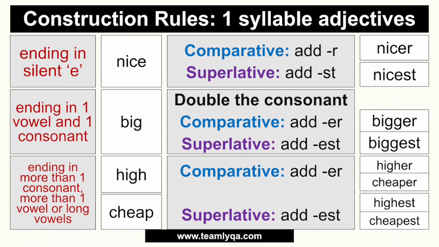Again, ang dinagdag mo ngayon ay ER. So again, all of these rules apply sa single syllable adjectives. So iba-iba nang idinadagdag. Kapag E ang ending, you just add R or ST. Kapag natatapos sa consonant at isang vowel at isang consonant, tapos single syllable lang siya, you double the last consonant and then add ER or EST.